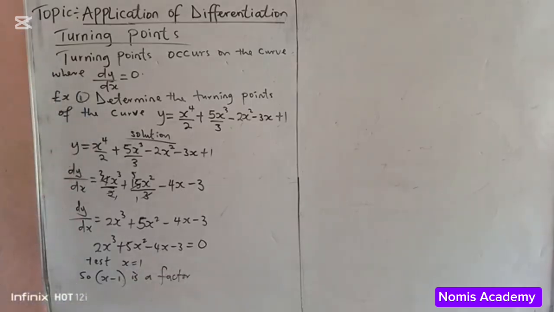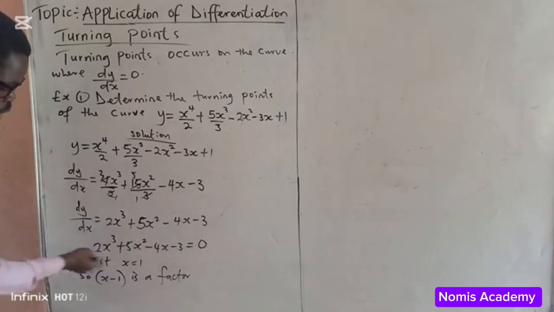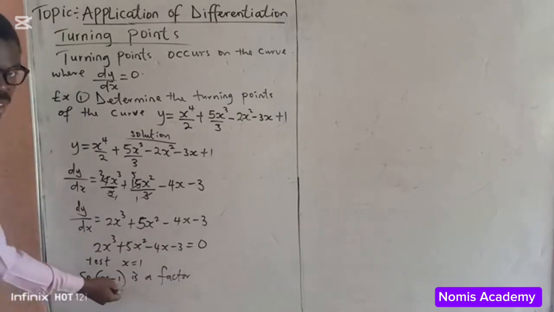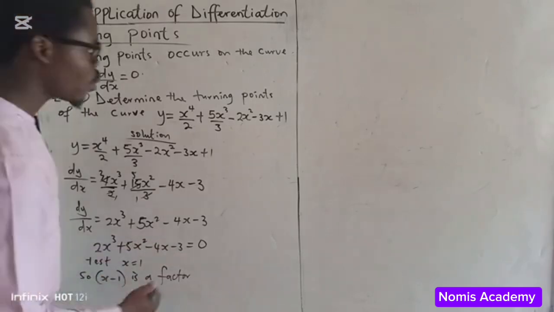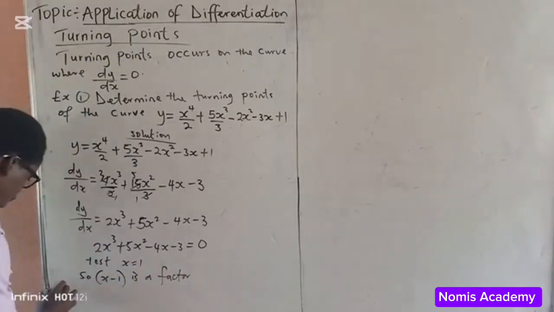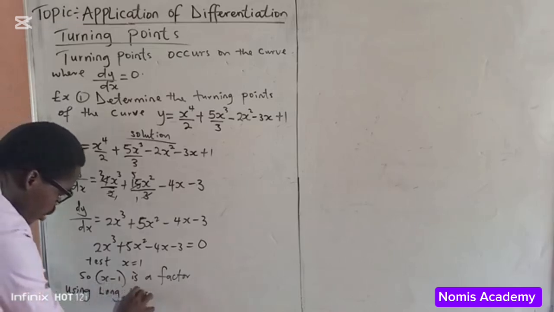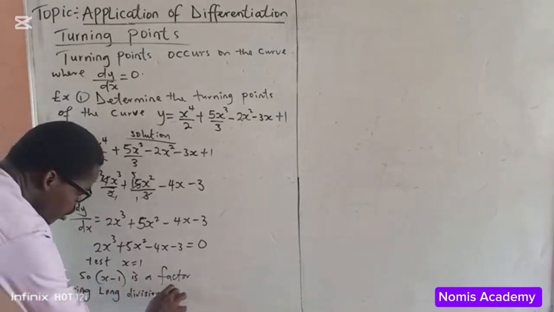So we go further to divide the cubic expression by the factor. We are going to use the long division method.